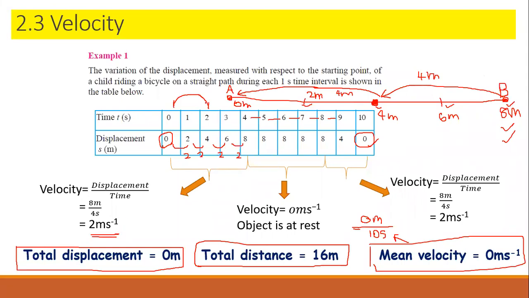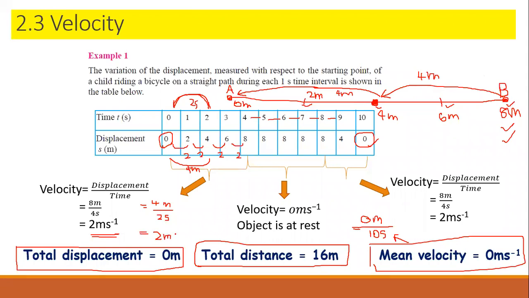If not, we can just consider 2 points here. We can take this 2-second time interval and the distance moved within those 2 seconds. So my calculation will be like this: 4 meters divided by 2 seconds. So again, our answer is the same, 2 meters per second.